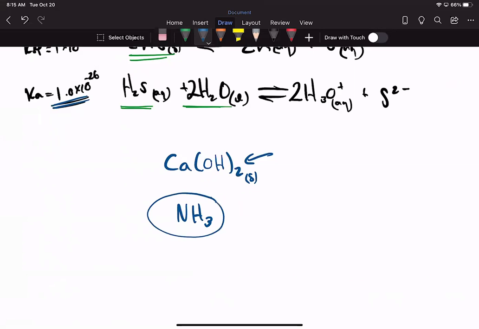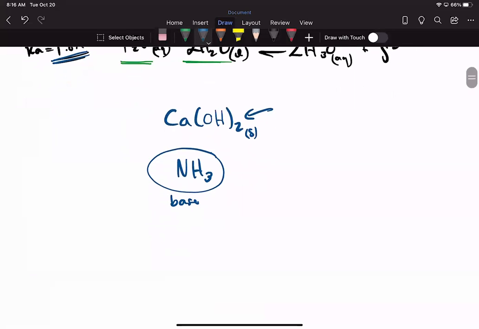If we're going to introduce some amount of ammonia, I would hope that you guys by now would recognize that this is a base. That means I'm going to need a reaction for this. And what do we do with this? We always simply put it in water. Whatever we do with an acid or base, we simply put it in water. We don't put it in anything else.